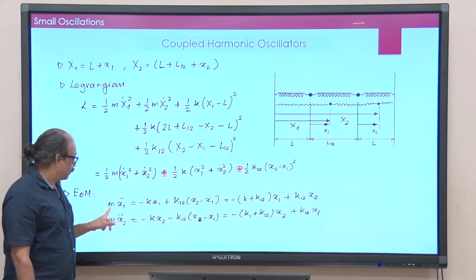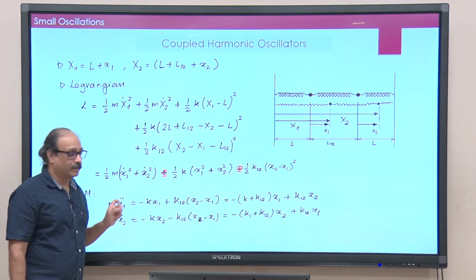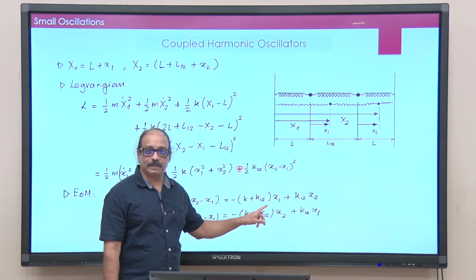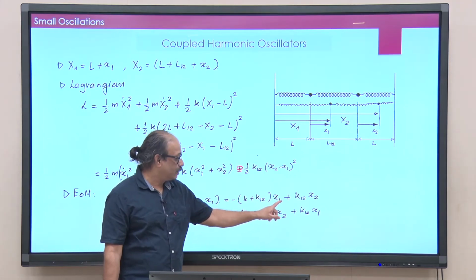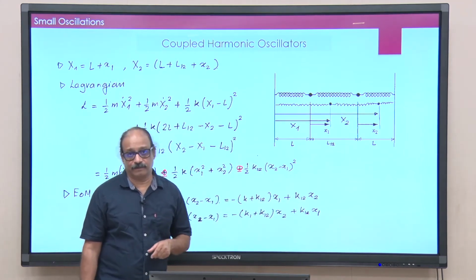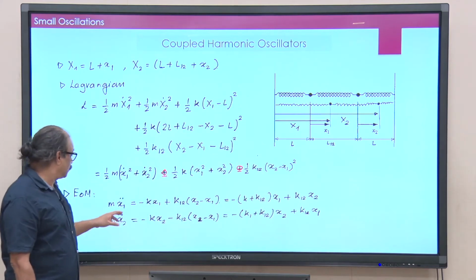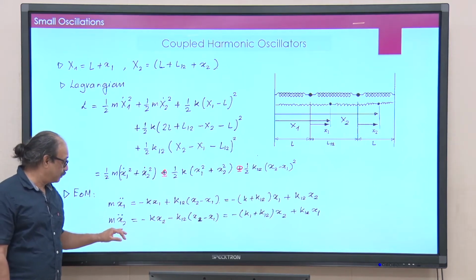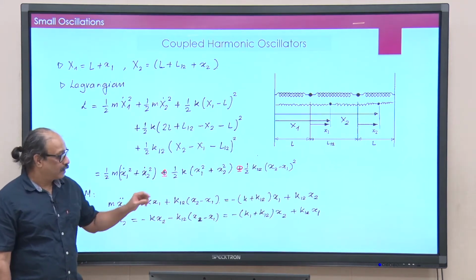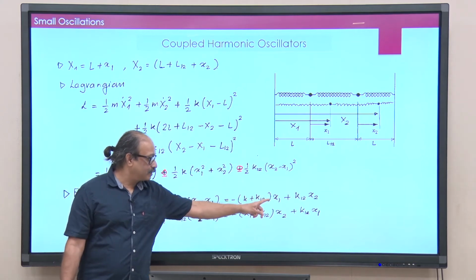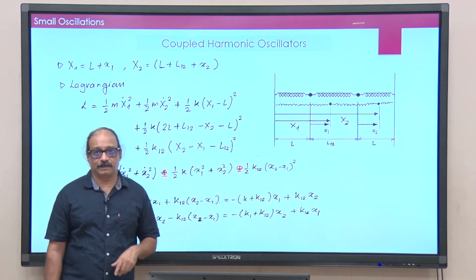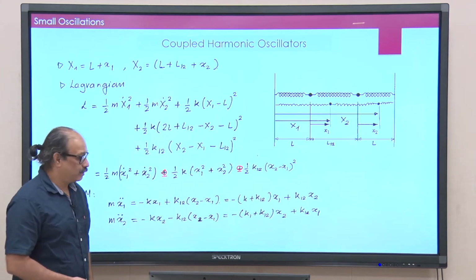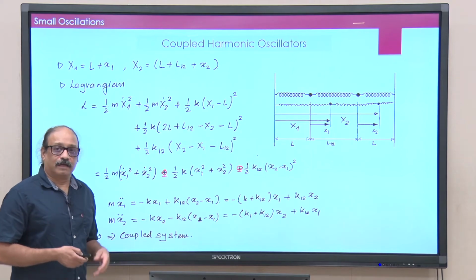the partial derivative of L with respect to x1. Now, look at here, m x1 double dot, this differential equation will come to minus (k plus k12) times x1 plus k12 times x2. So, basically you get these two differential equations, one for x1 double dot, the other for x2 double dot, and they are coupled because x2 appears in the first equation and x1 appears in the second equation, and we want to solve this problem, okay, and this is basically a coupled system.